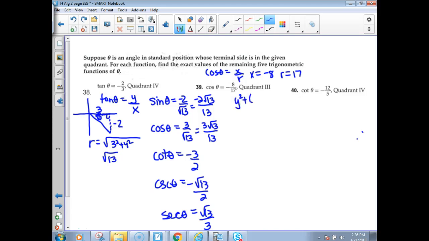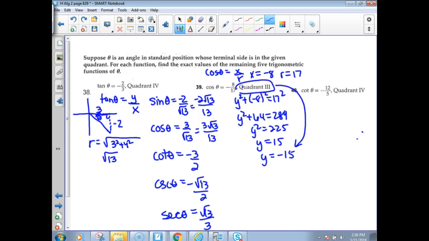Y squared plus negative 8 squared equals 17 squared. So that's 64. This is 289. Subtract 64. Y squared is 225. You get y is 15. But you're in quadrant 3, so y is actually negative 15, because both x and y are negative.